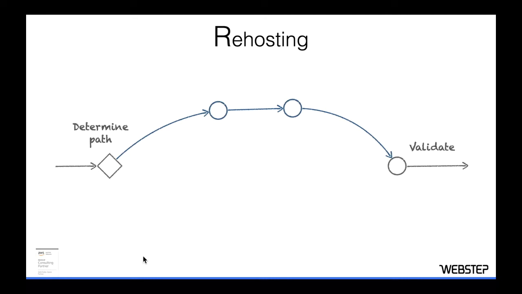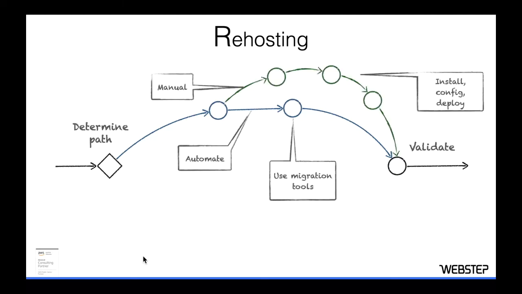So the first one is what we're calling rehosting. Some also call it lift and shift. So basically you take what you have on-prem, the application or the entire server or the entire fleet, and just move it as is into the cloud and make sure it is running. Sounds easy, it's not that easy. When you're looking into this, there are 2 ways of doing it. First, you have to decide whether you can automate it or whether you have to do it manually. The majority of workloads, as we're seeing, are done manually.